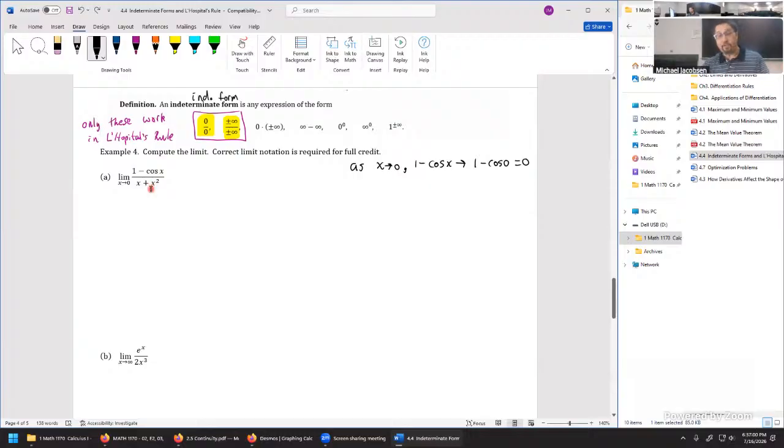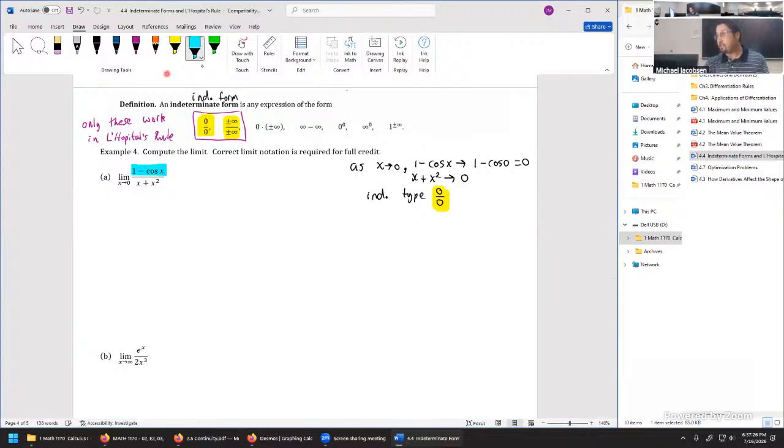And it looks like it's almost a definite with what's going on in the denominator, because x plus x squared also tends towards 0. This tells us it's indeterminate of type 0 over 0. But that's one of the good indeterminate forms. It means we can now proceed to the next step of hitting this with L'Hopital's rule.